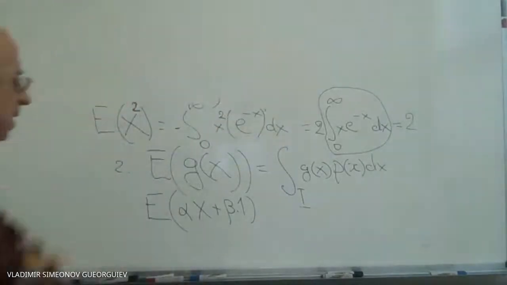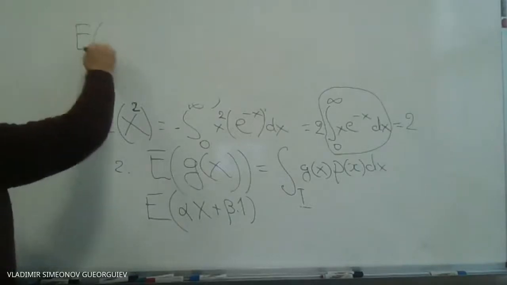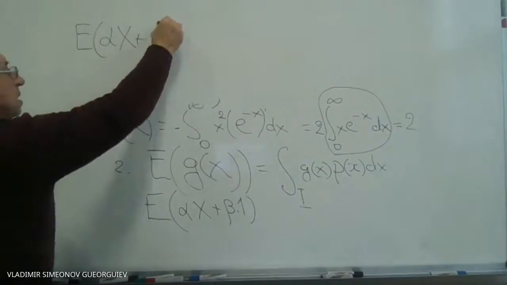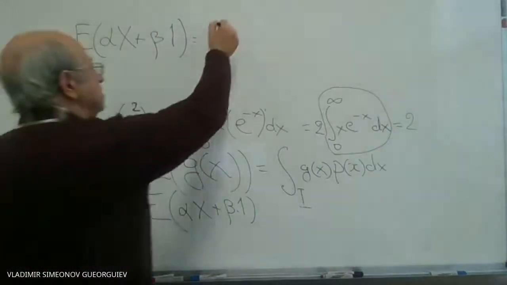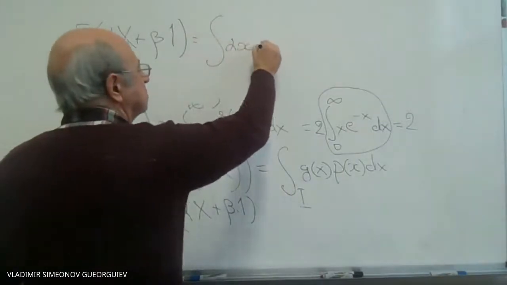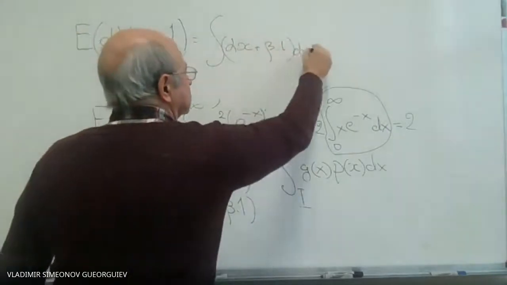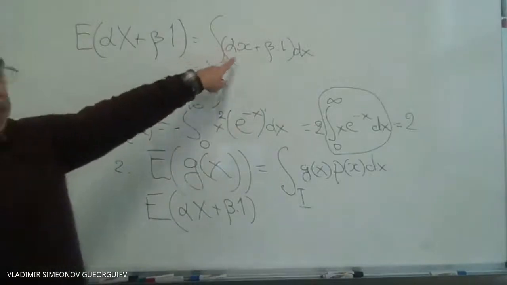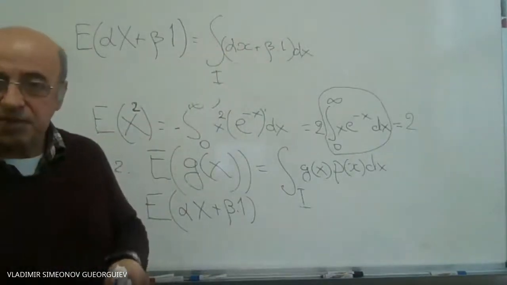Now, we have the expectation of alpha x plus beta times 1. We said the expectation of this is the integral of alpha x plus beta times 1 times px dx over I. We know that the integral of a sum is the sum of 2 integrals.